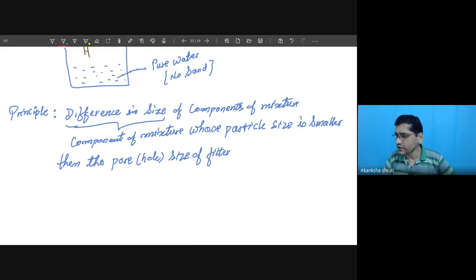Whether you write filter or filter paper, it means the same thing.